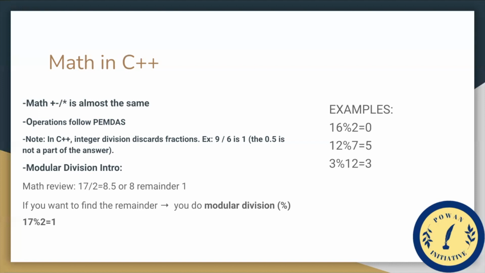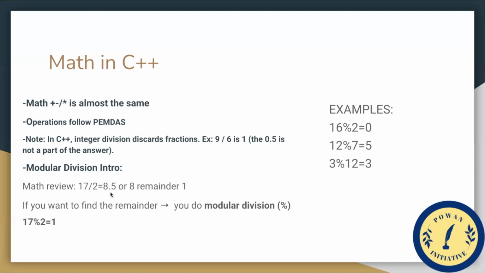And there's this new mathematical operation you probably haven't been exposed to yet, and it's called modular division. So in math, we always do division either by having the decimal place there or taking the remainder. And modular division is focusing on the latter. We're focusing on the remainder part of the answer you'll get. We want to get the remainder, 1, when we do modular division, and basically that will be our answer. So if we do 17 mod 2, our remainder, which is 1, is going to be the answer.